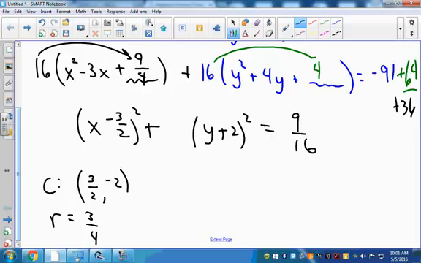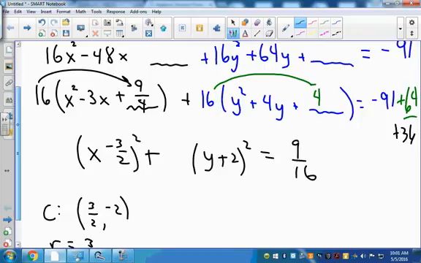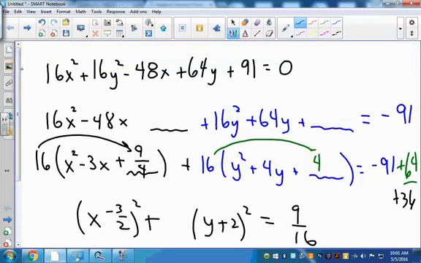Now, as circle problems go, that's at the difficult end, but once you've seen it, then you should realize, oh, I can do this. This is not impossible. I suppose I could have at the very beginning divided everything through by 16. That would have worked just as well.